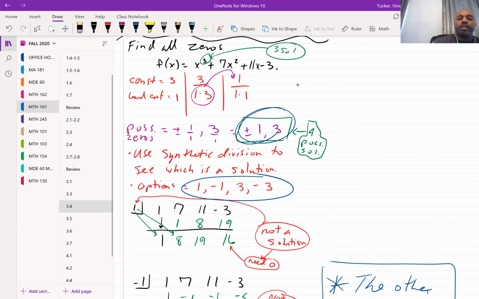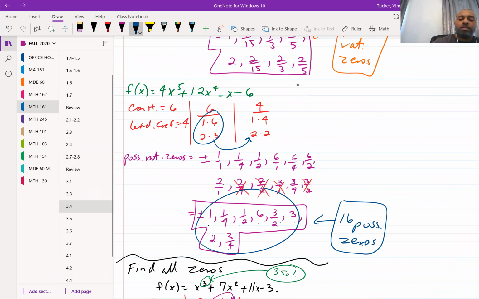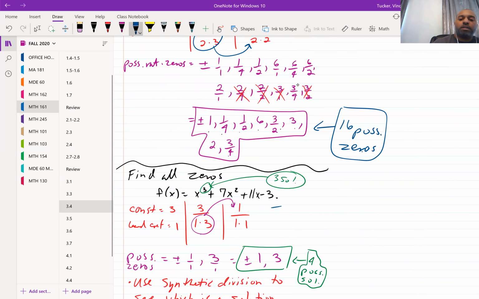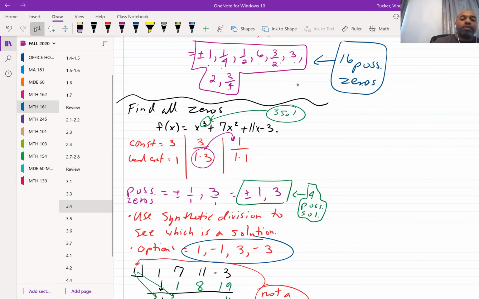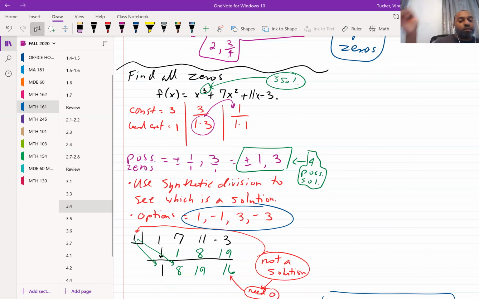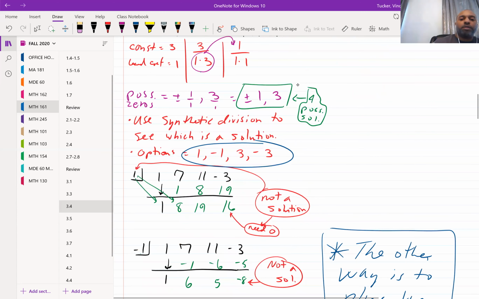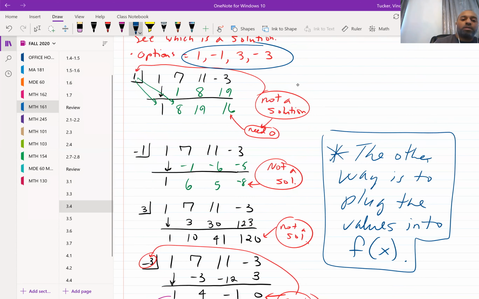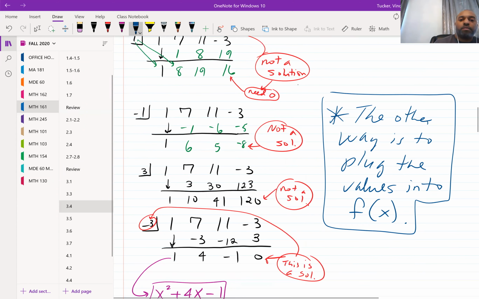So basically we did this process. So 3 was our constant, and 1 was our leading coefficient. We took the factors of 1 and 3, which is 1 and 3, and placed them over 1. So 1 over 1 and then 3 over 1. That gave us 4 solutions, and those were the 4 solutions that we tried: 1, -1, 3, and -3.